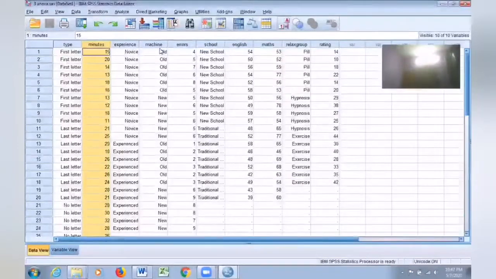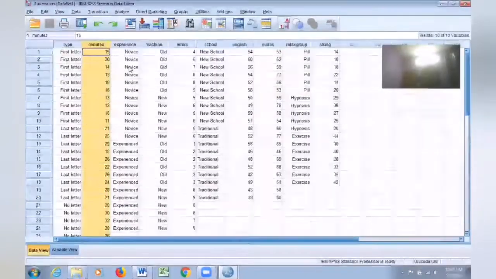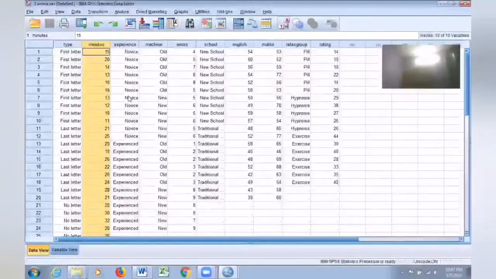And there's another independent variable called machine, whether it is an old machine or a new machine. Okay, fine. So what we are going to find out is the experienced employees working on the new machine, experienced employees working on the old machine, inexperienced employees working on the old machine, inexperienced employees working on the new machine.